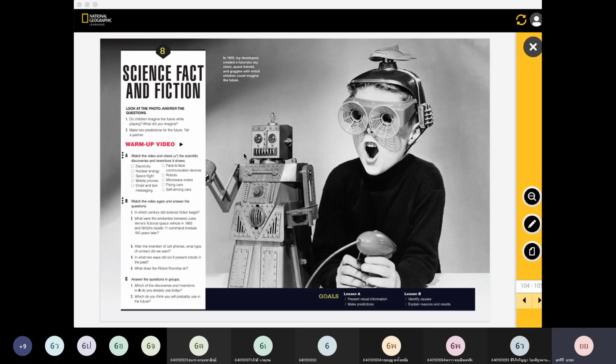Okay. So before we start, in this unit we're going to talk about science, facts, and fiction. If you look at the goals of the unit, we're going to cover how to present visual information and make predictions, and also causes and explaining reasons and results.